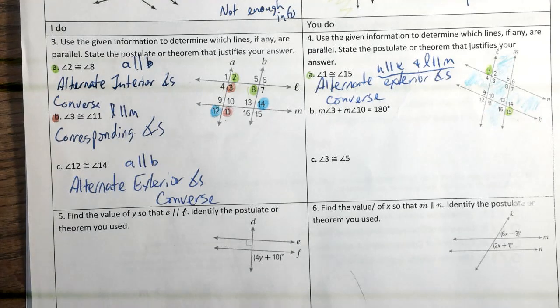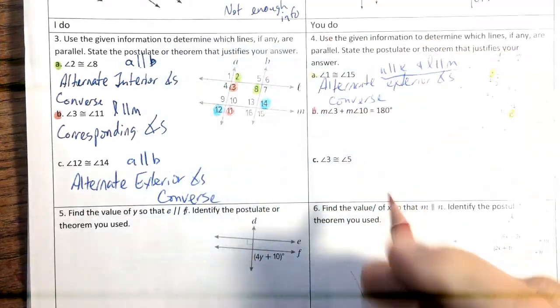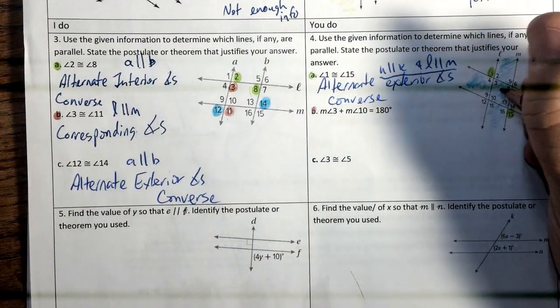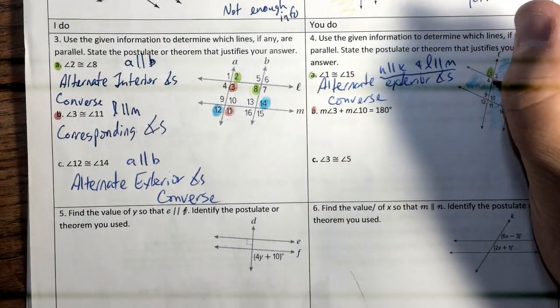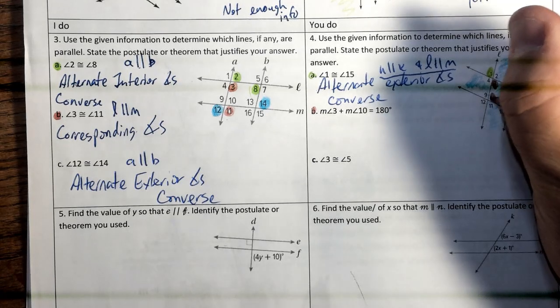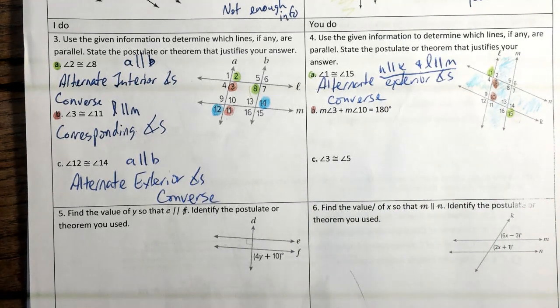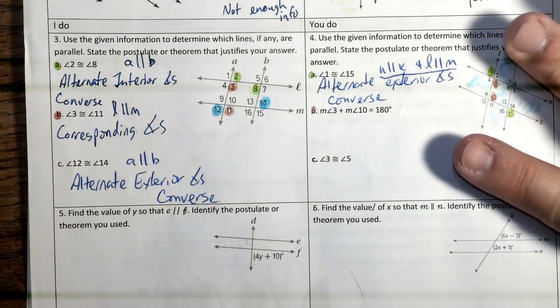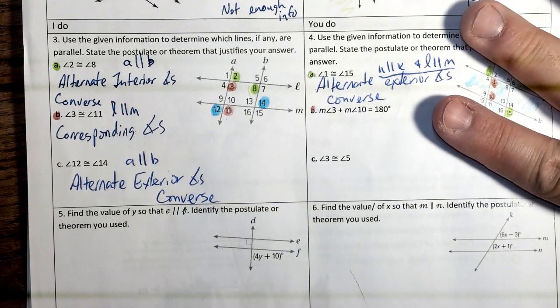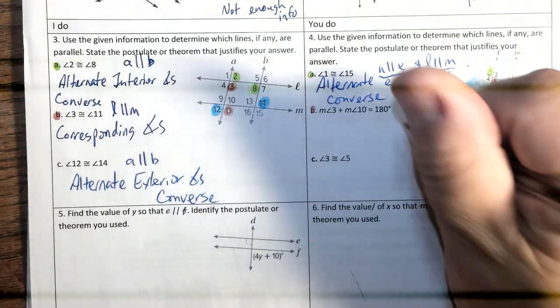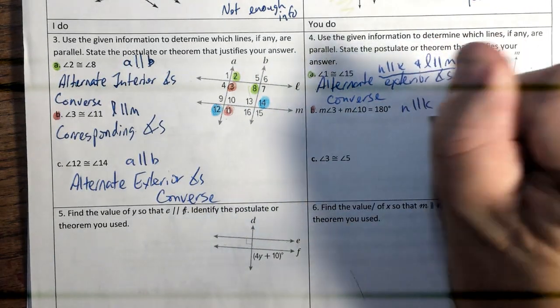All right, B. The color B, we'll go back to brown. 3 plus 10 equals 180. So angle 3, angle 10. So these are interior, because I made all the interior blue for both of these. I know that's a little confusing, but notice they're both inside N and K. So we're talking N, K here.